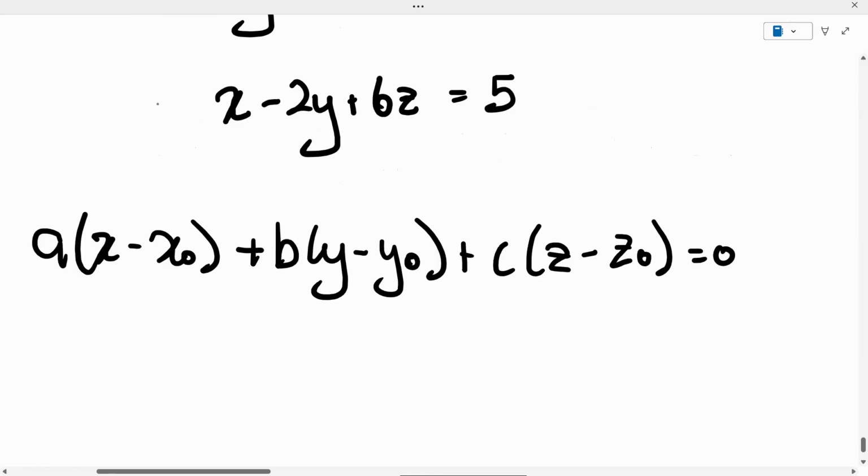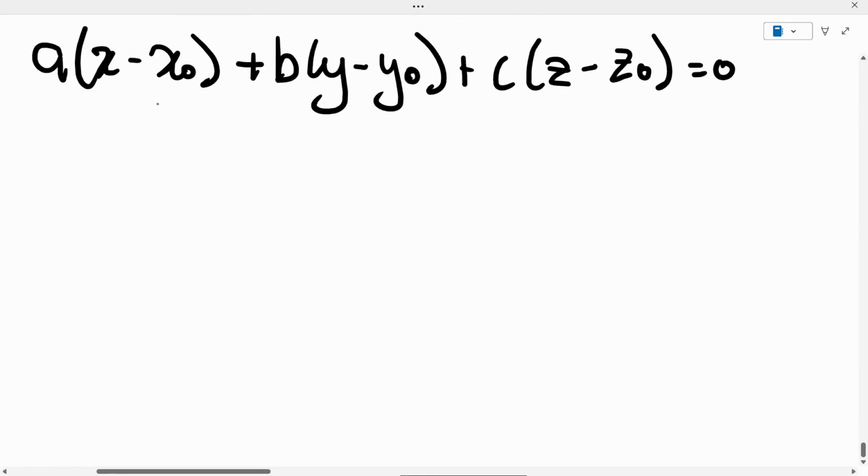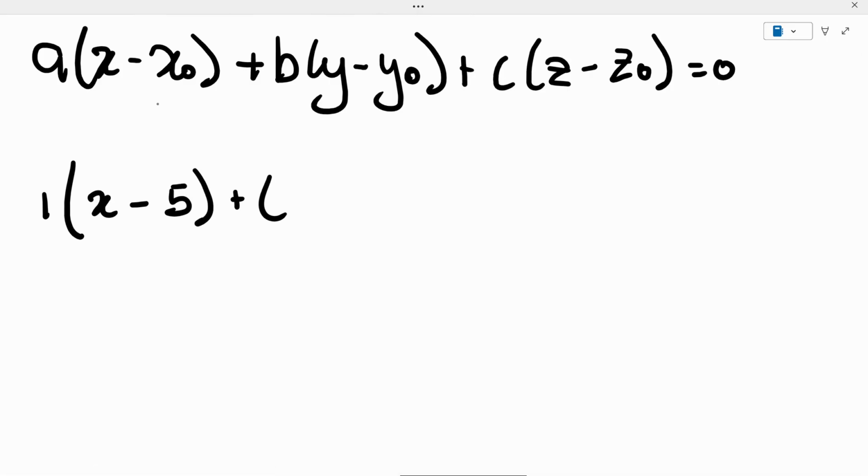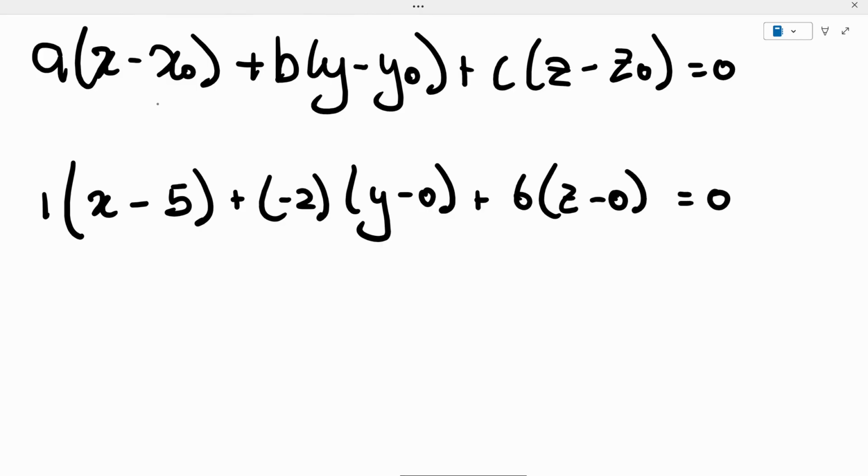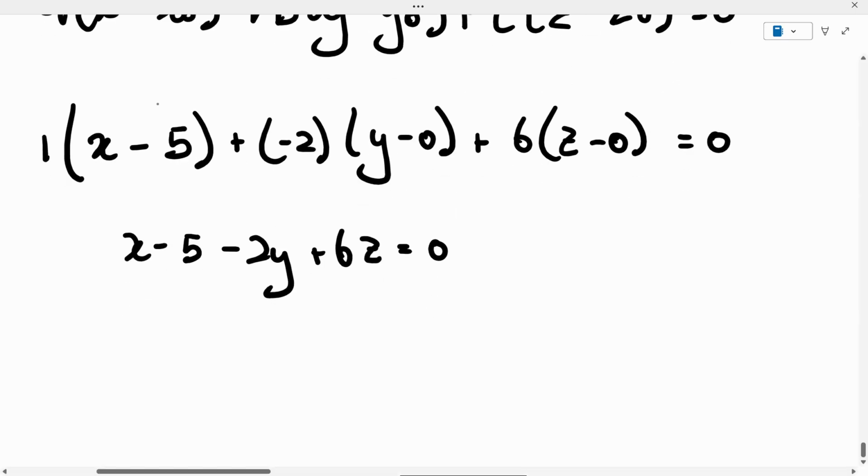So a is still 1, because this is the normal vector, right? So this doesn't change. x minus 5, plus b is minus 2, y minus 0, plus c is 6, z minus 0 equals 0. x minus 5 minus 2y plus 6z is 0. So when we carry over the 5, we get x minus 2y plus 6z equals 5.